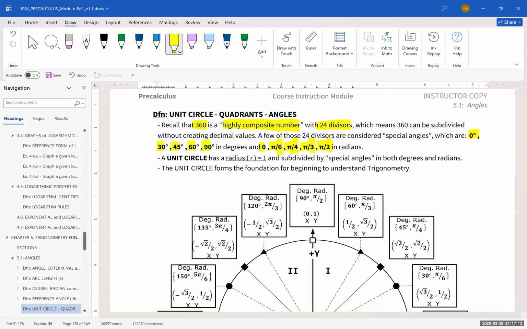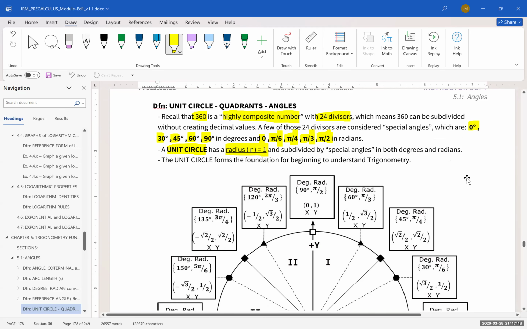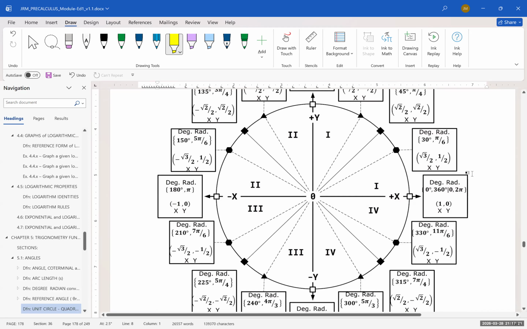A unit circle has a radius equal to 1. This is a really important property of the unit circle. It starts here at 0, and the distance from 0 out to the edge of the unit circle right here is 1. It has a radius of 1. So you can see at this point, the coordinate is 1 on the x-axis, 0 on the y.